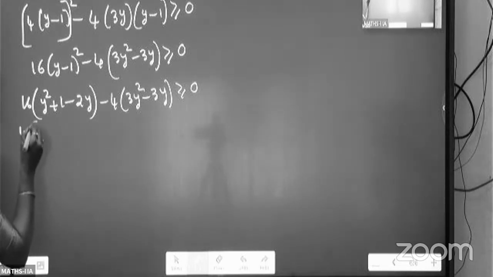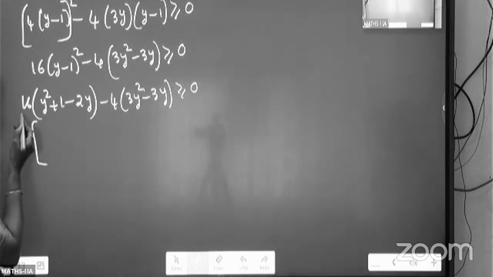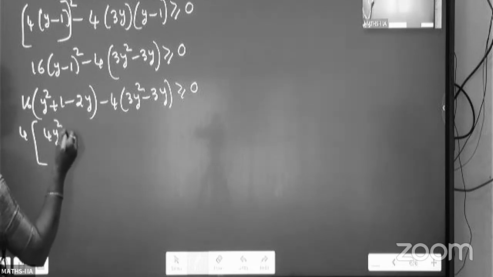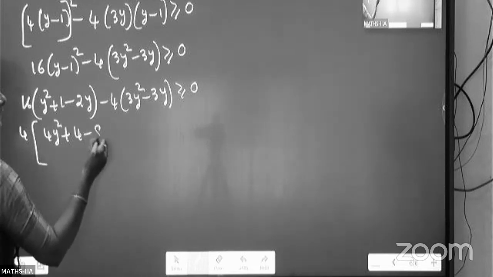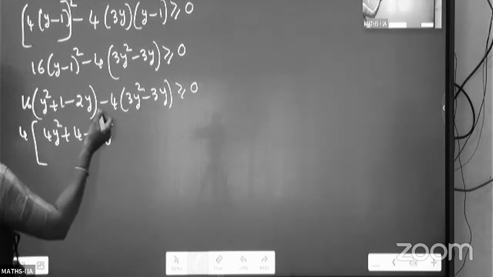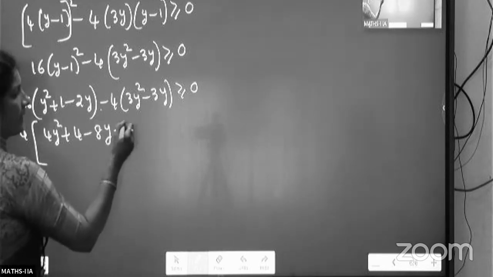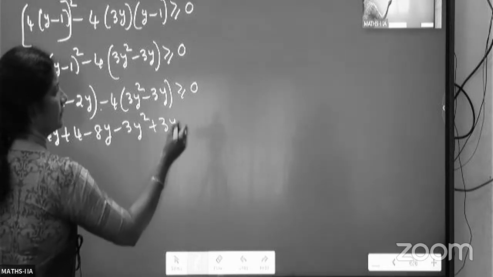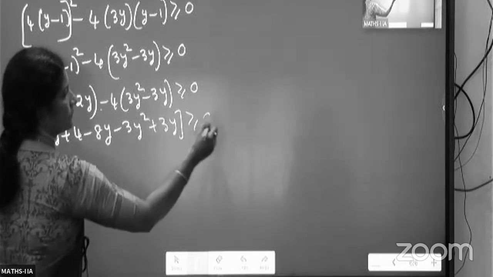Take 4 common. If you take 4 common, here 4 is left. That 4 take inside: 4y square plus 4 minus 8y. Then here anyhow 4 has gone. Just open up with minus: minus y square plus 3y, which is greater than or equal to 0.